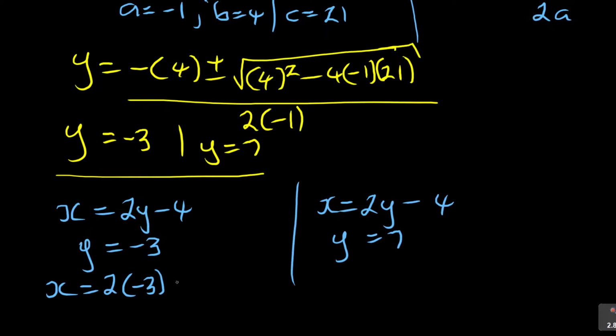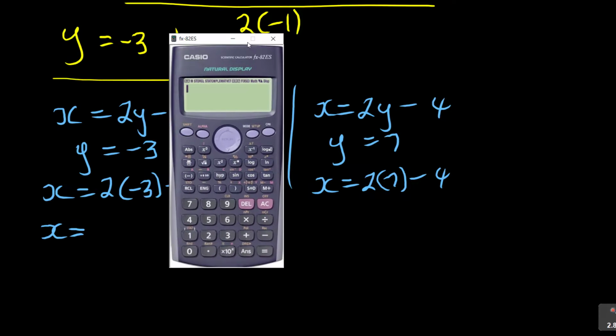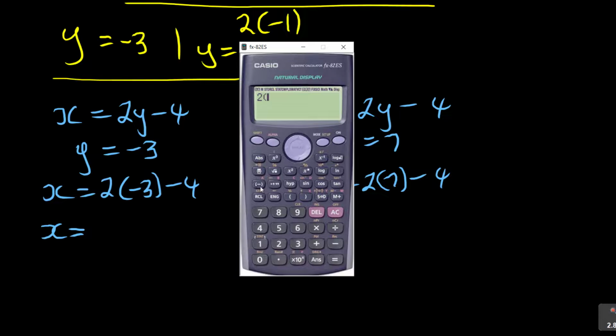Even here, x is equal to 2, where there is y, I put a 7 now, bracket, 7 minus 4. Are you seeing that? It's very important. They need to give you values of x here, but you can simply rely on the calculator here. 2 bracket negative 3 minus 4 gives me negative 10.